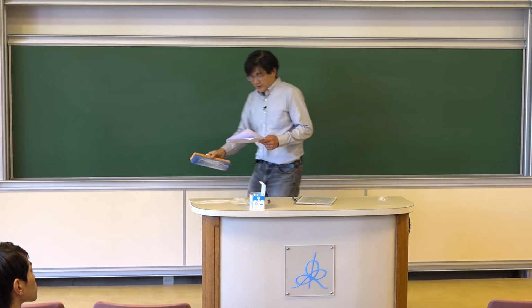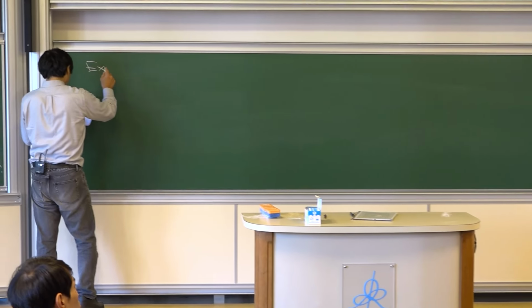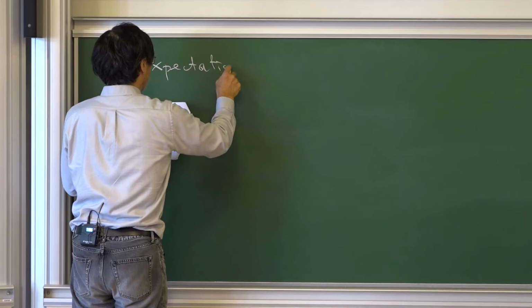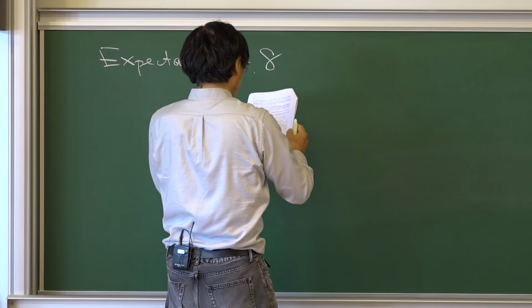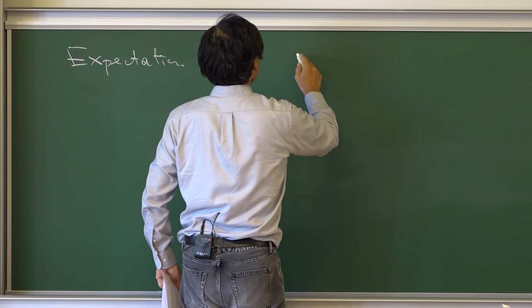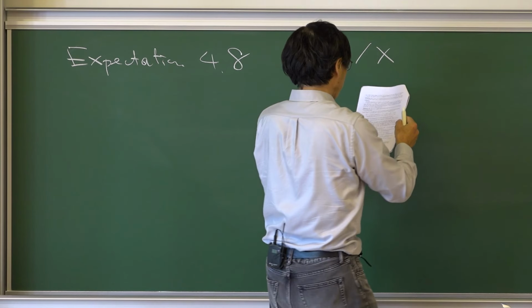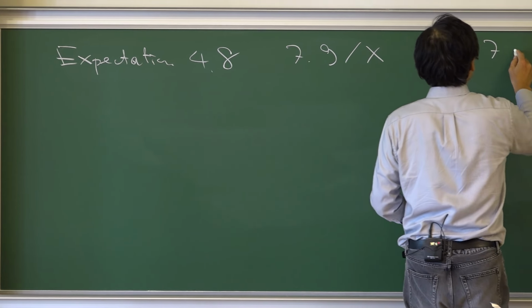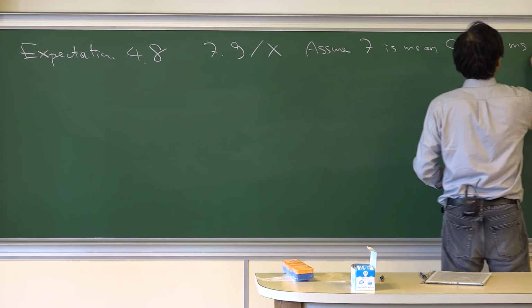But to prove the relation, I need one property which I don't know how to prove. So suppose we have two sheaves on X and assume F is micro-supported on C and G is micro-supported on C prime.